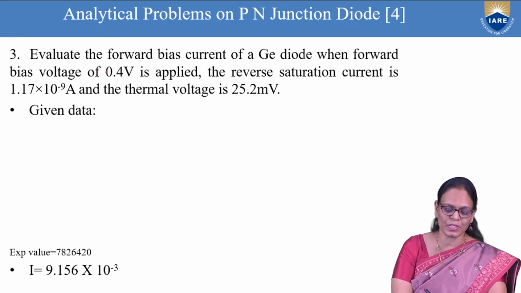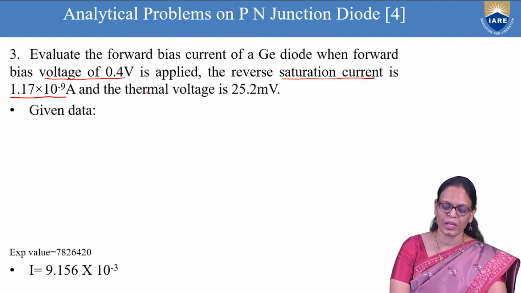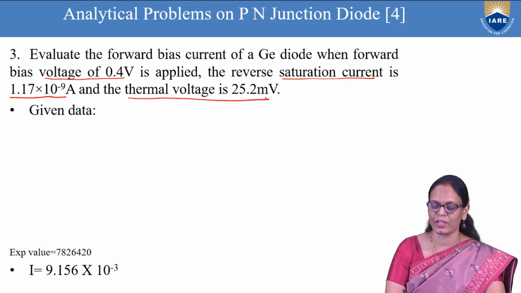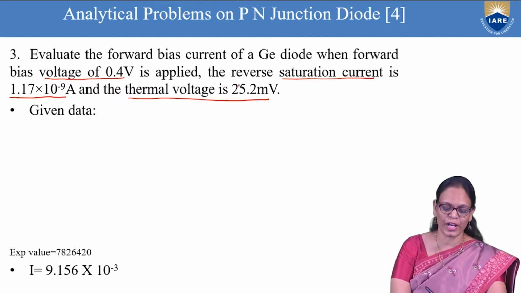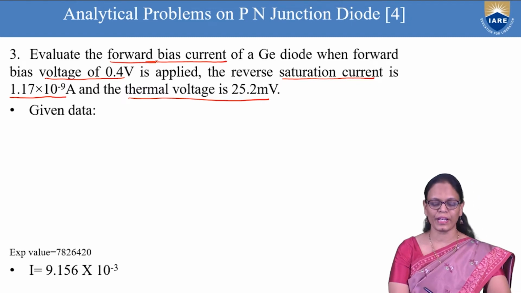So what are the values given? Applied voltage is given, the saturation current is given and the thermal voltage is given. What we have to find? We have to find the forward bias current. So let us write the data.